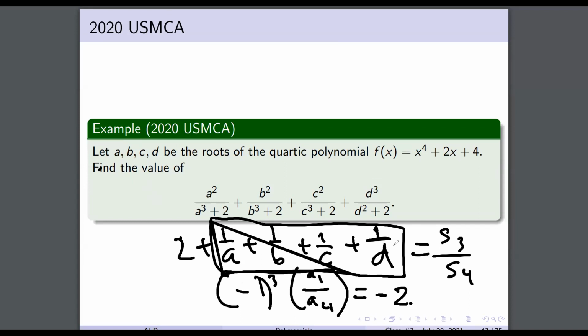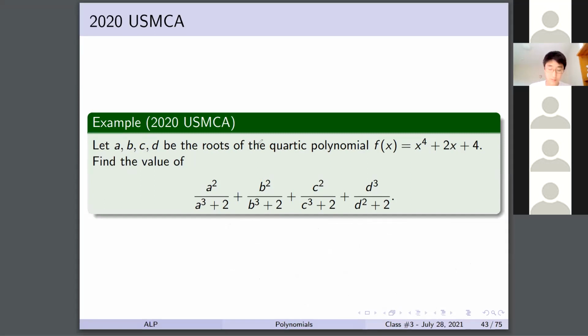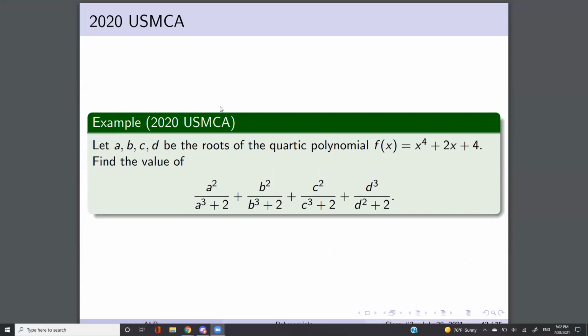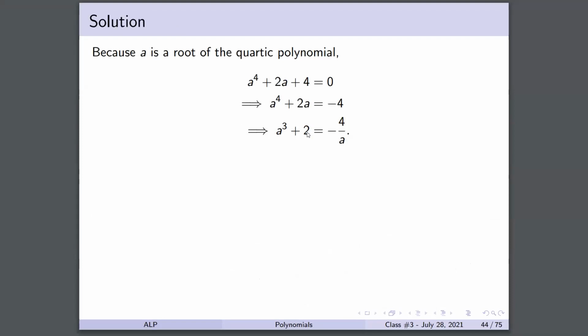Then s of 4 would equal -1 to the power 4 times A0 over A4, which equals 4. So thus our answer would be 2 minus 1/2, and our answer would be 3 over 2. Basically, this is what we did. A cubed plus 2 equals -4 over A, which is what we want, and then we would manipulate it based on what we need.